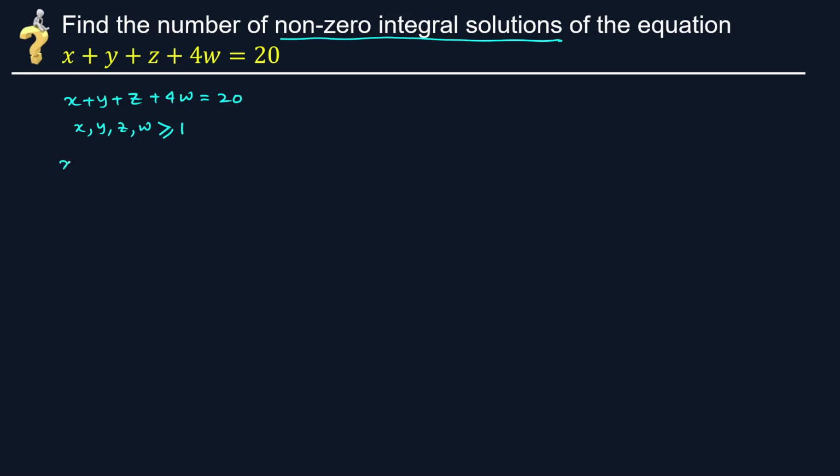So here we have to find the coefficient of x to the power 20 in the expansion of, for x you will write x to the power 1, because the minimum value x, y, z and w will receive is 1. So we start the exponent of x with 1, then x squared, then x cubed, up to a maximum of x to the power 20.